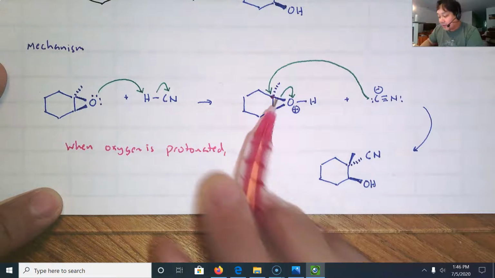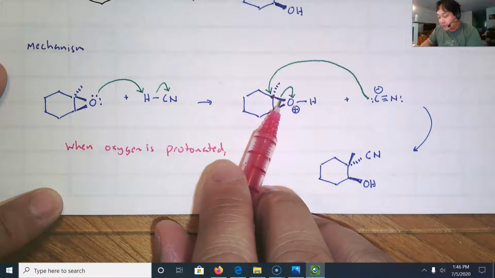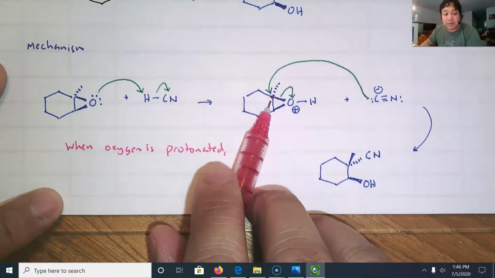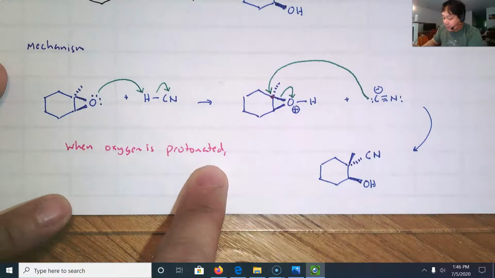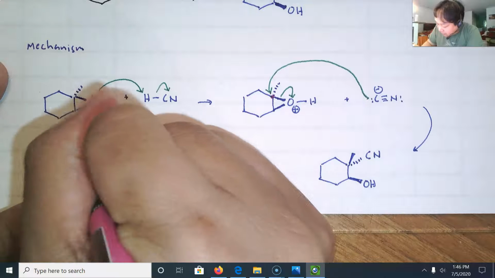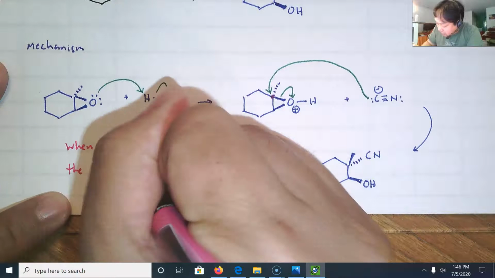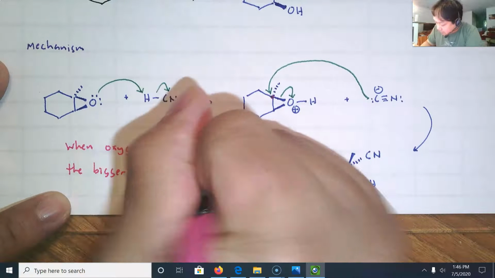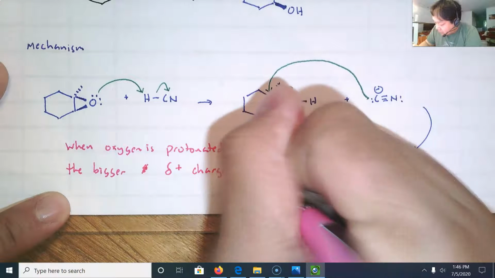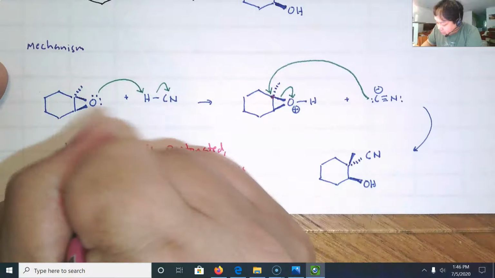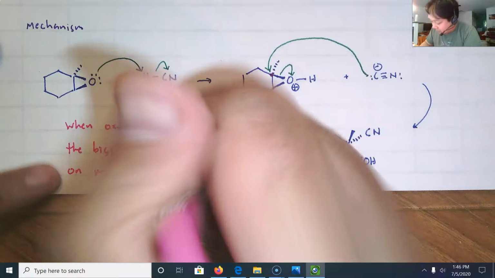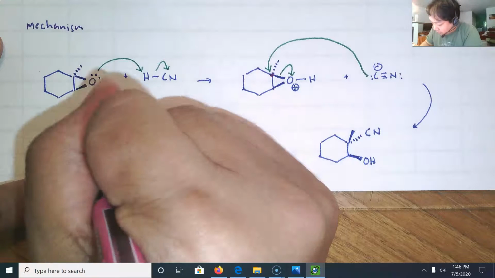The thing is, this bond is weaker because you're starting to build up charge on a more substituted carbon. So when oxygen is protonated, the bigger partial positive charge is on the more substituted carbon.